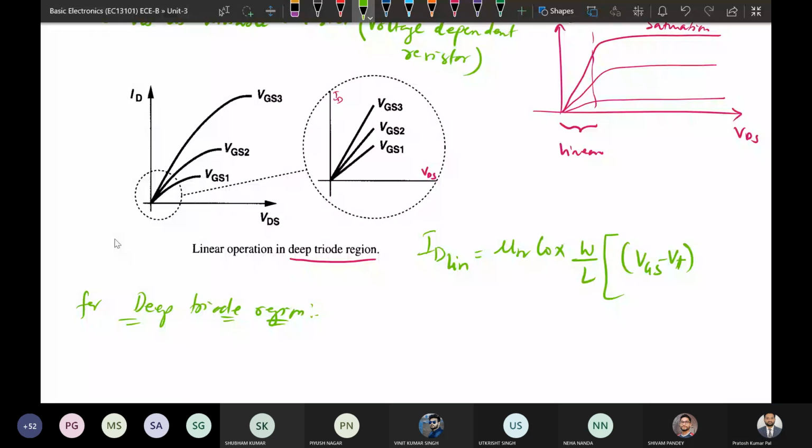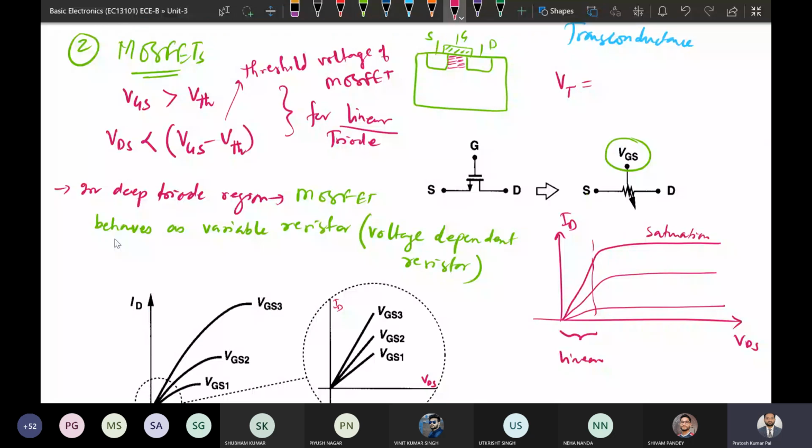So the condition for triode region is that here we can see from the ID versus VDS curve. The VDS is very less, then only deep triode region will be considered. So in that case VDS is considered less than 2 times VGS minus VT.